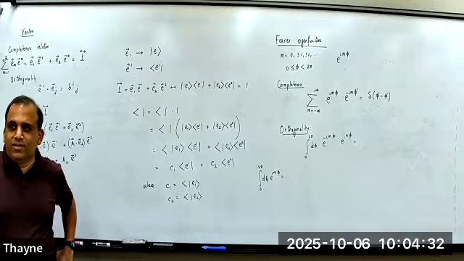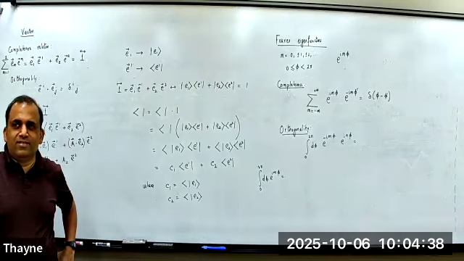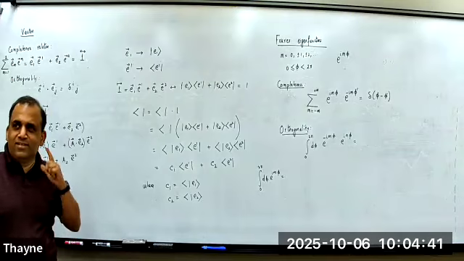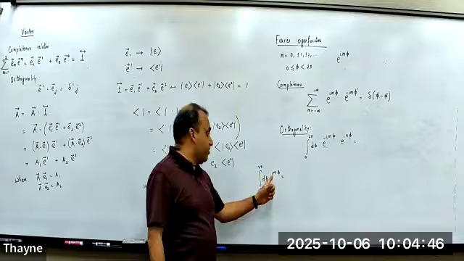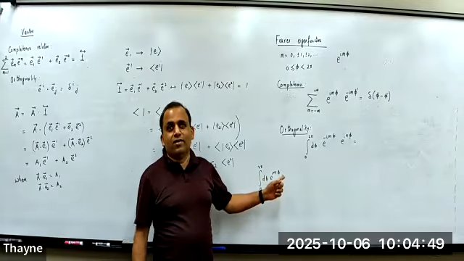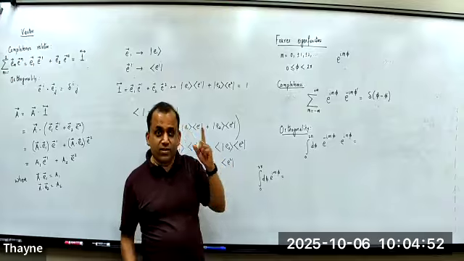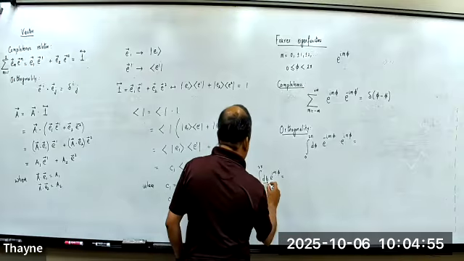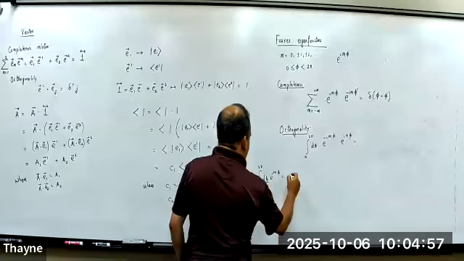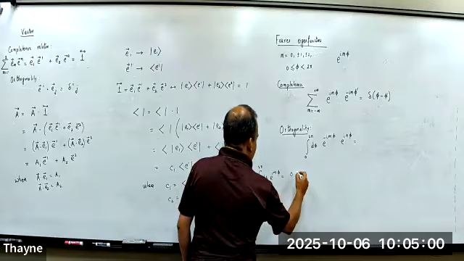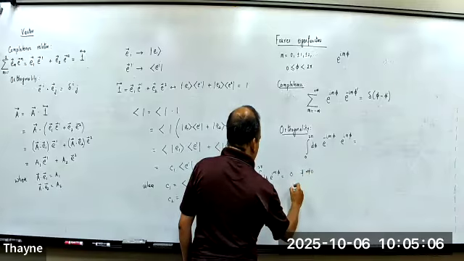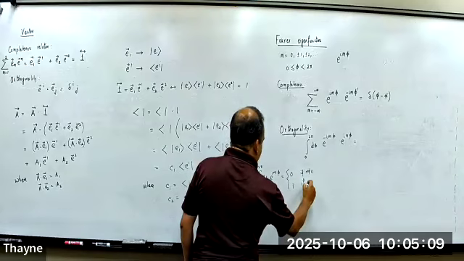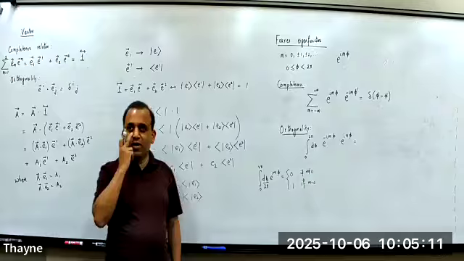If any number for m is equal to 0, then it is e to the 0, which is 1. So when m is equal to 0, this is 1, and that's 2 pi, right? So there is an exception to this case. So let's put that 2 pi here. This is equal to 0 if m is not equal to 0, but it's equal to 1 if m is equal to 0. Good.